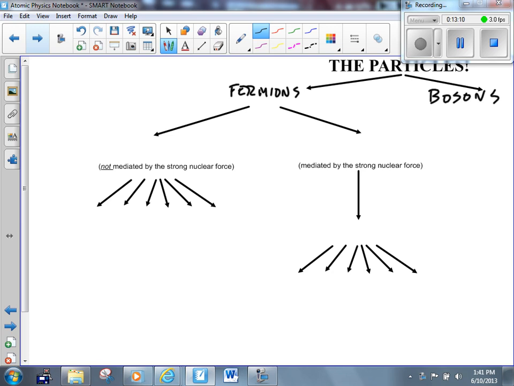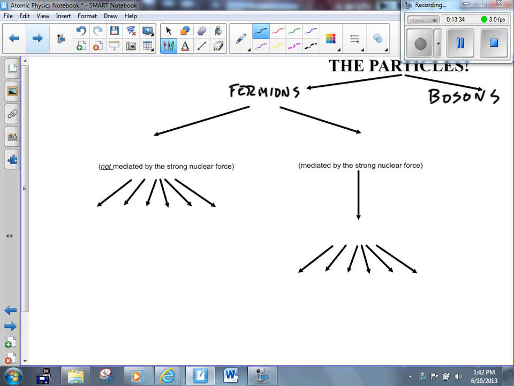I can't just give you the ones that you are expected to memorize because it won't mean anything to you. It doesn't make sense to me to tell you about just a handful of particles if you don't have the perspective of where they fit in the puzzle. So I'm going to show you the puzzle and then just ask you to remember the pieces of the puzzle. But I still want you to have that perspective.